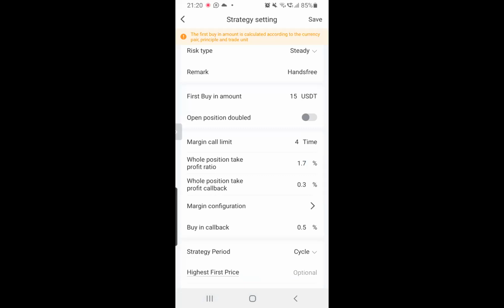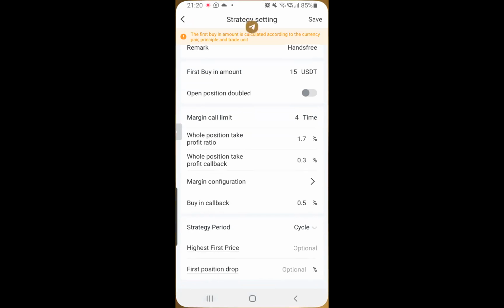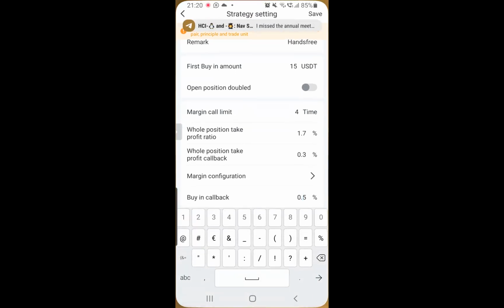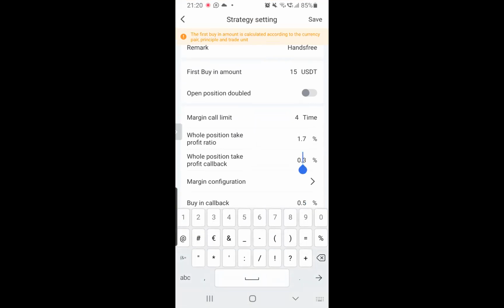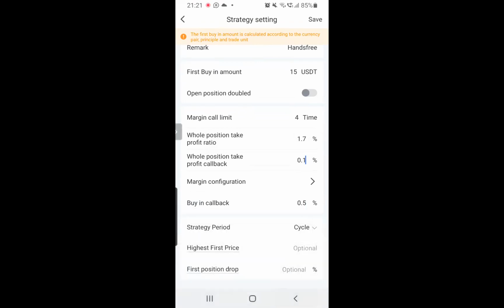You want the market to get you out as quickly as possible and repeat and cycle this, right? Now, buying call back, leave it at whole position. Take profit call back, make it 0.1 or even 0.0, okay, so that you are getting exactly what you want.